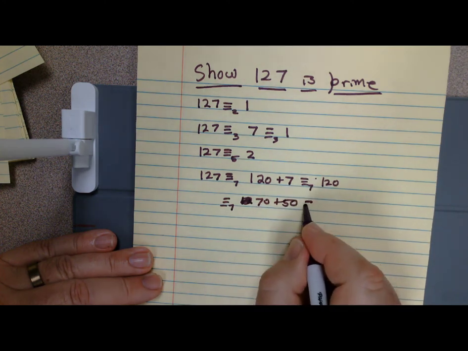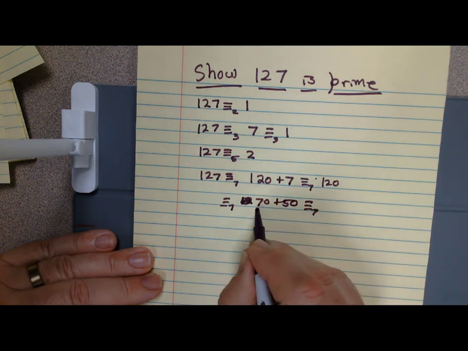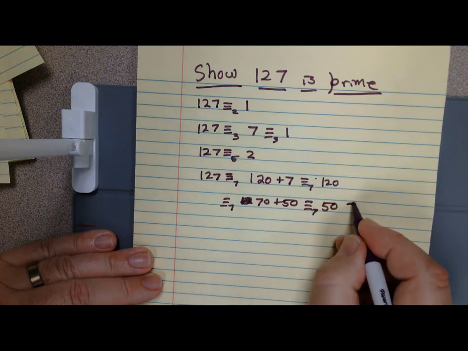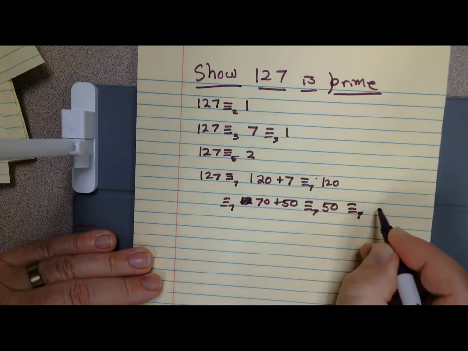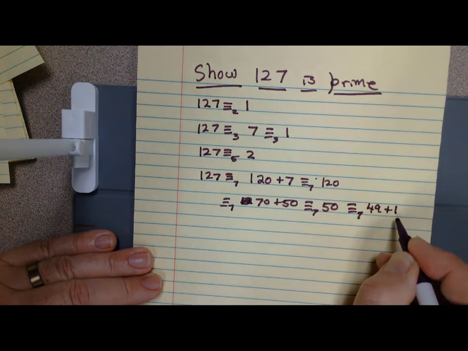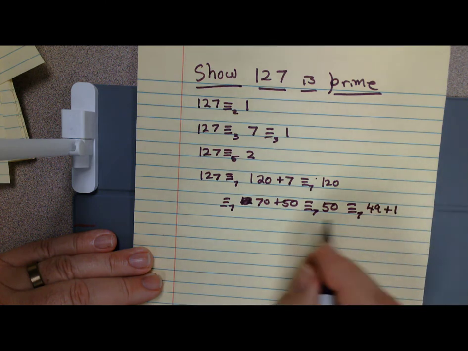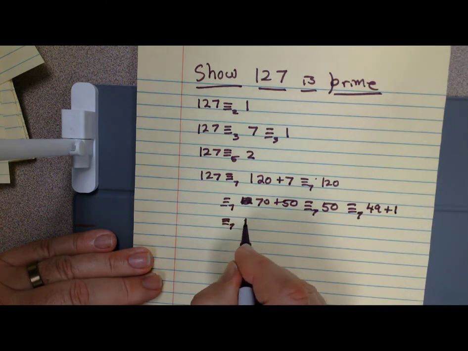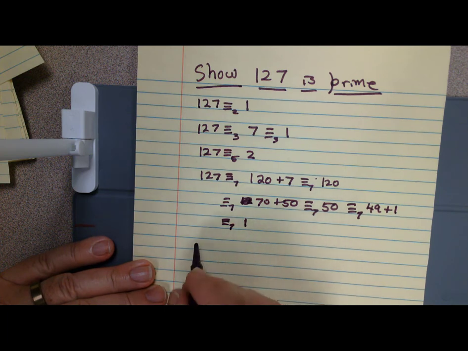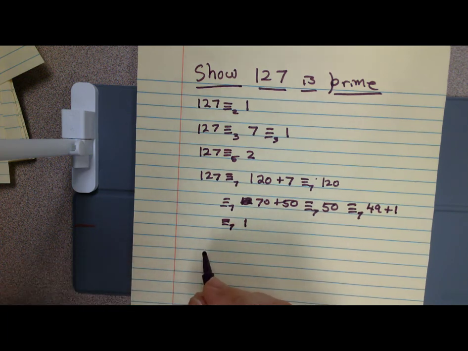The 70 is equal to 0 mod 7, so this is equal to 50 mod 7, which is equal to 49 plus 1. 49 is equal to 0 mod 7, so this is equal to 1 mod 7. So it's not divisible by 7. Okay, now 2, 3, 5, 7.